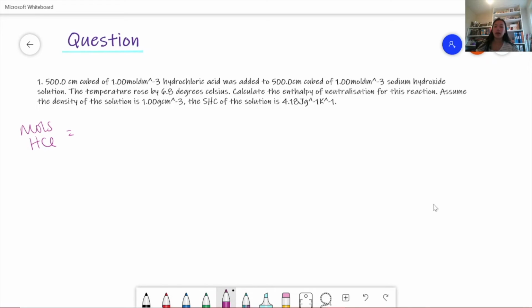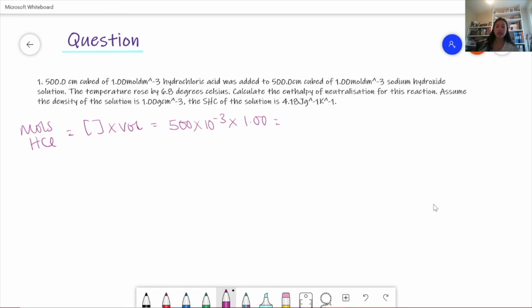But these have to have the same units, so we're going to use decimeters cubed. So we need to convert this to decimeters cubed, and the way we do that is divide it by 1,000 or times 10 to the minus 3. And then we times it by the 1 mole per decimeter cubed.